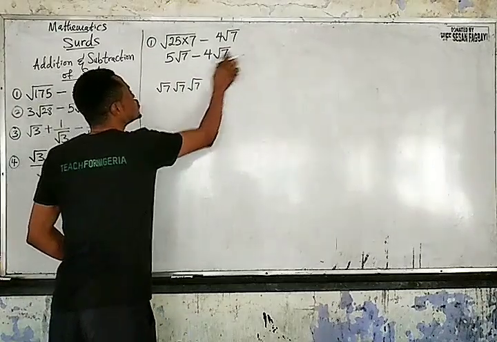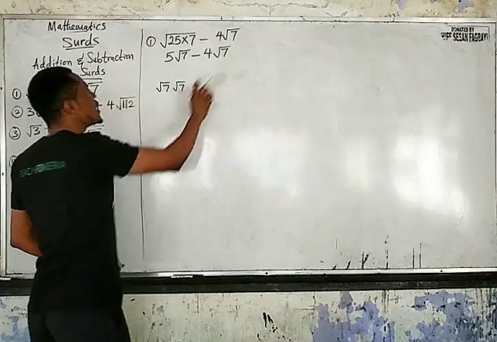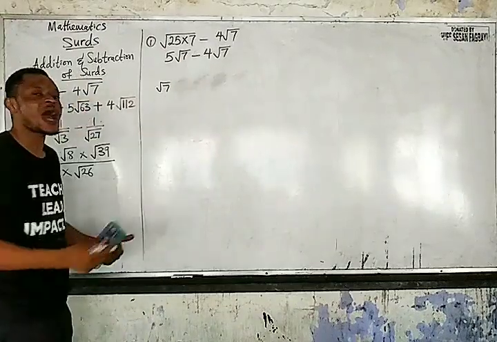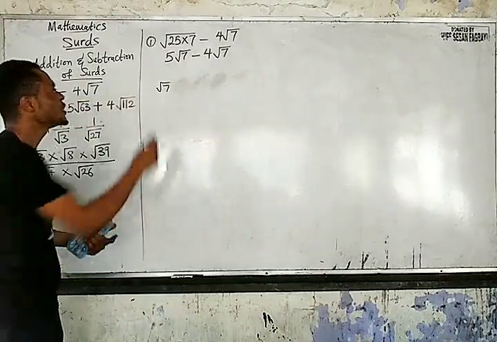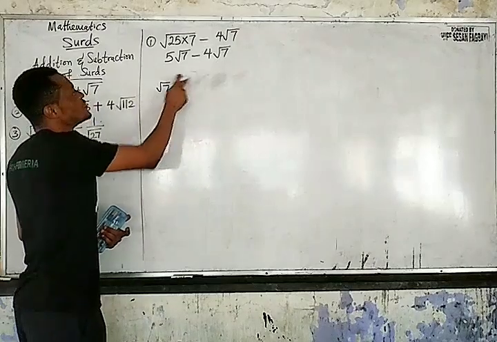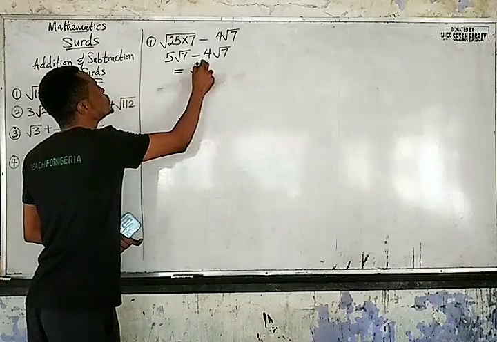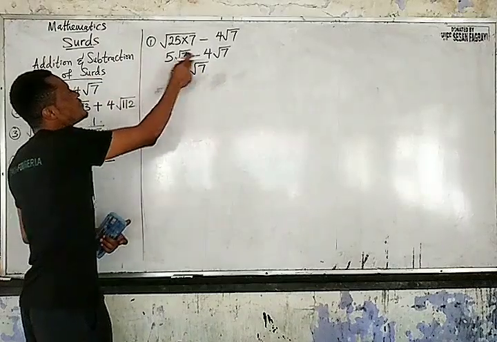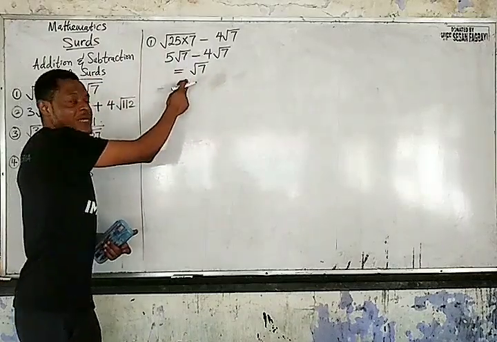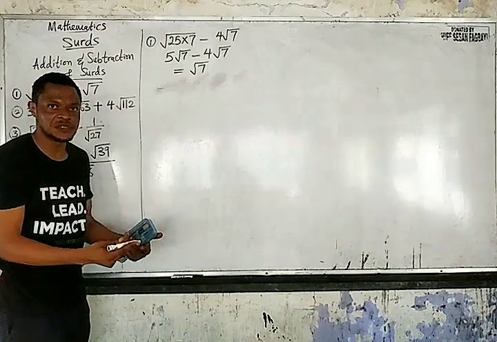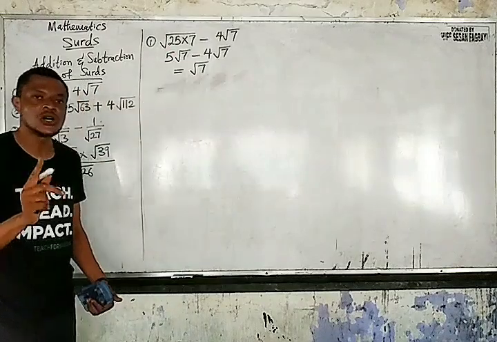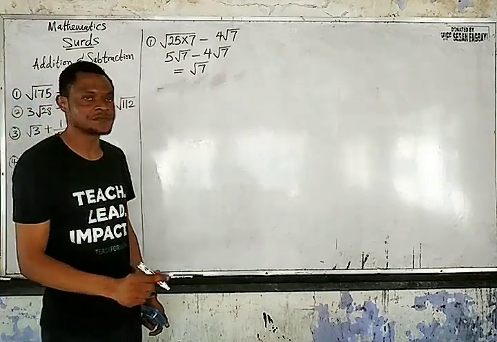How many root 7 do we have left? We have just 1 root 7. We are not going to write 1 root 7, but rather say root 7. Of course, 5 minus 4 will give us 1. Then we have root 7. That's how it is done for addition and subtraction.